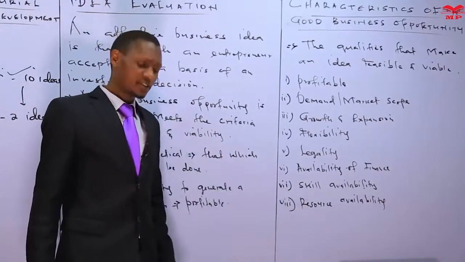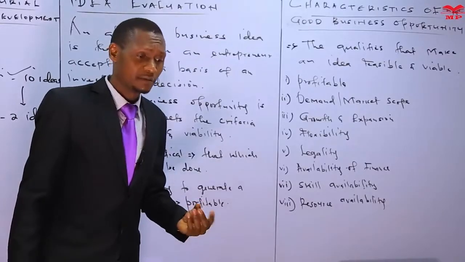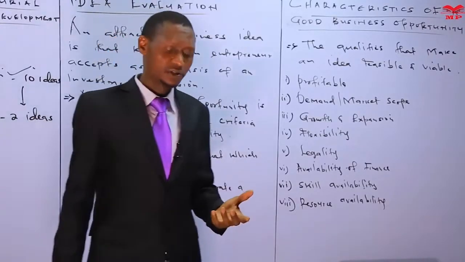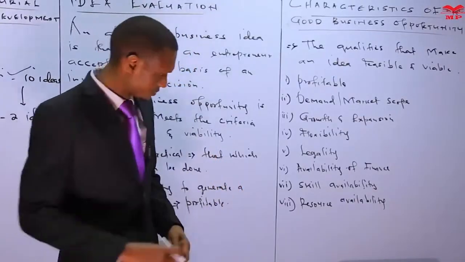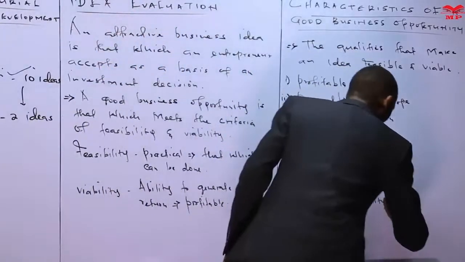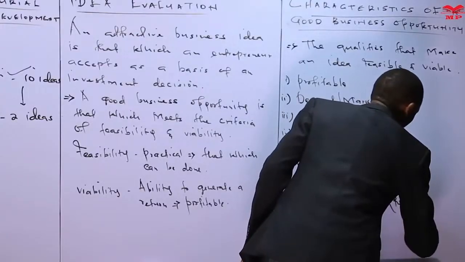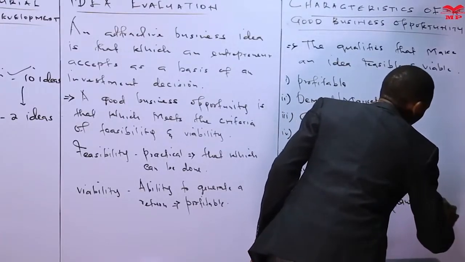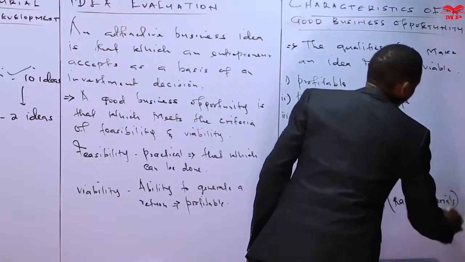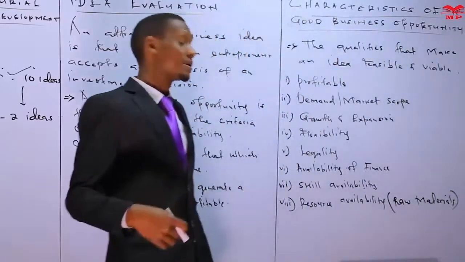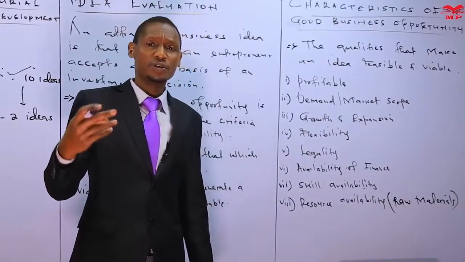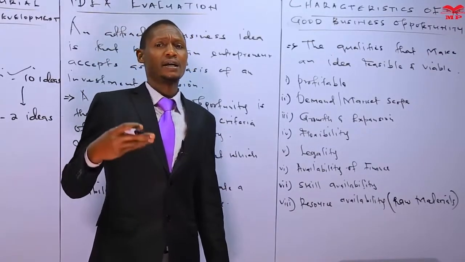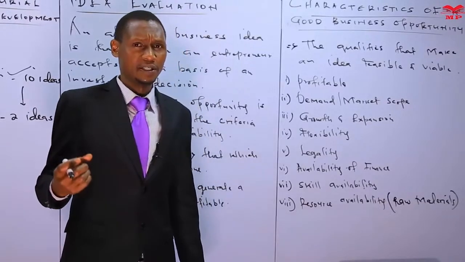Then there is resource availability. In business, you need input resources, most importantly, raw materials. I would rather be specific here and talk of raw materials. It is important that for the business to remain competitive, it is able to secure affordable raw materials.